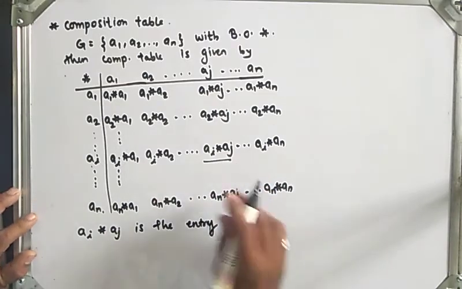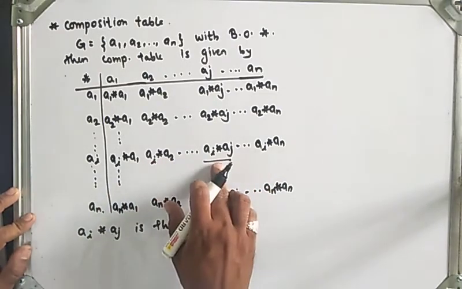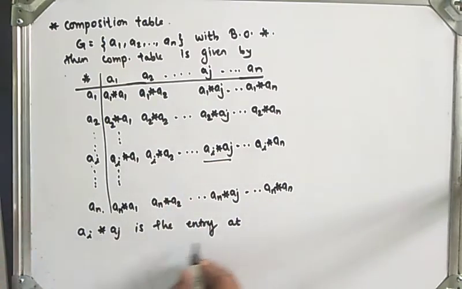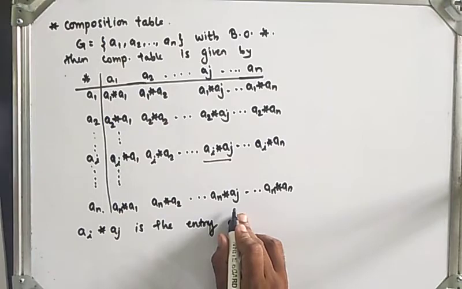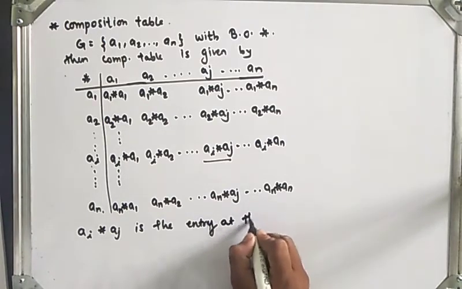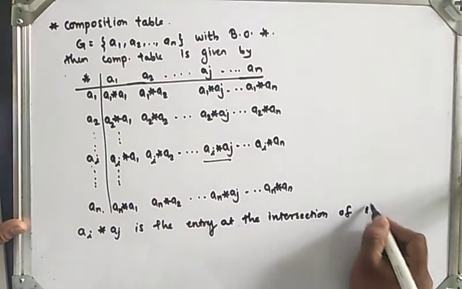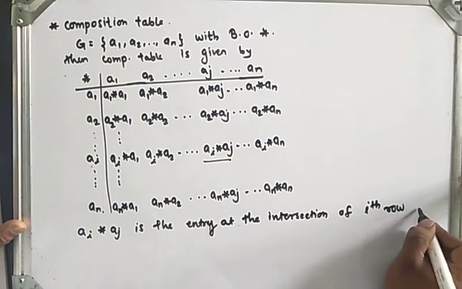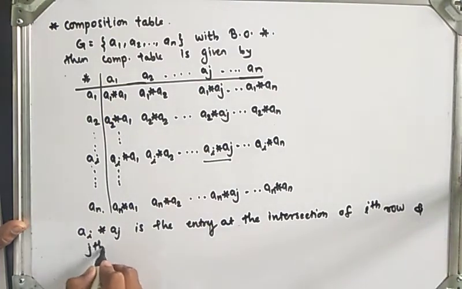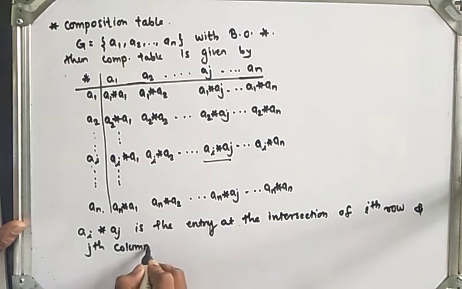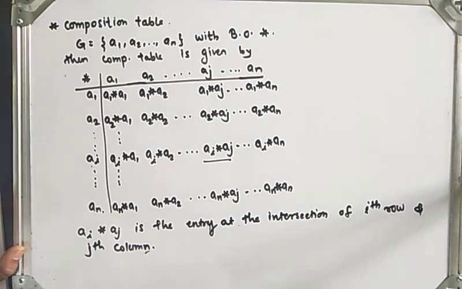So ai star aj is the entry at the intersection of the ith row and jth column. So this composition table is used for solving examples, if you are given a composition table, to find whether it is associative or not.